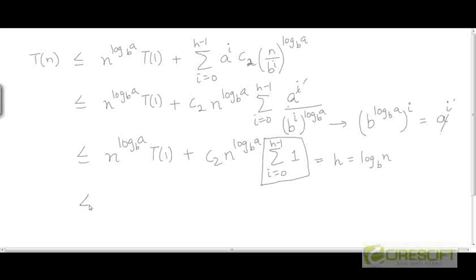So we can say that T of n is less than or equal to n to the power log of a base b times T of 1 plus c2 times n to the power log of a base b multiplied by log of n base b.